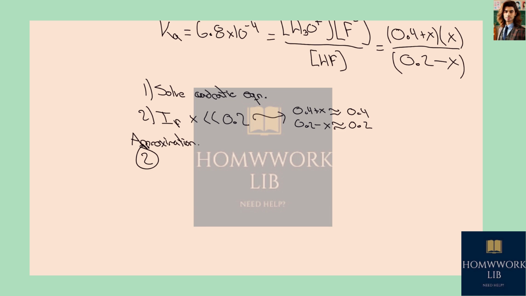So using that approximation, the equation becomes 6.8 times 10 to the minus 4 equal to 0.4, here is the first quantity that we approximated, times x divided by 0.2. Thus, x is going to be 6.8 times 10 to the minus 4. 0.4 divided by 0.2 is 2.